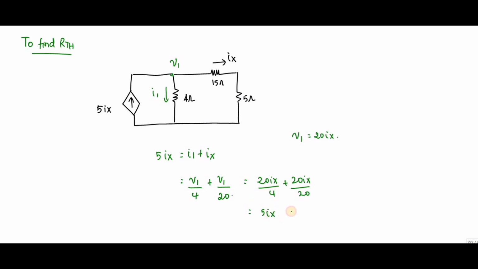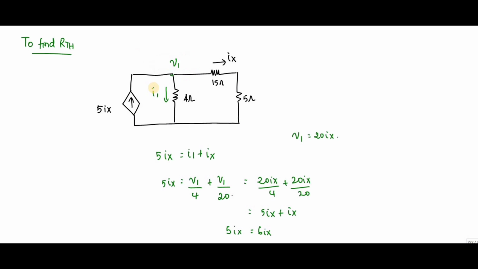This is equal to 5ix plus ix, which is equal to 6ix. So 5ix is equal to 6ix. This can be true only when 6ix minus 5ix is equal to 0.